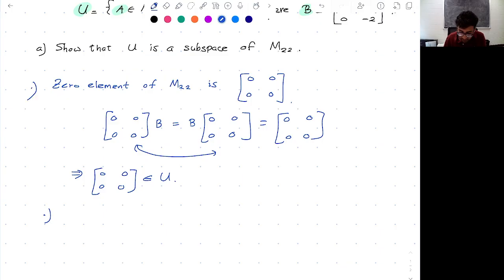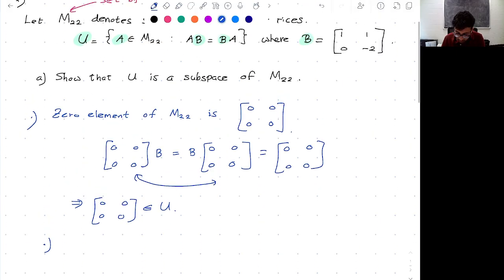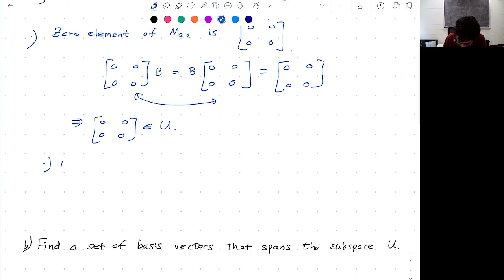That is the first part. Next, I have to show that the subspace is closed under addition. For that, I will pick two matrices from the subset U. Let A1 and A2 be two matrices of this subset.